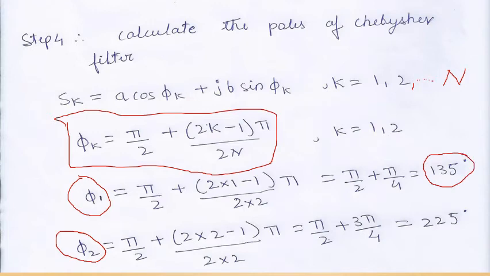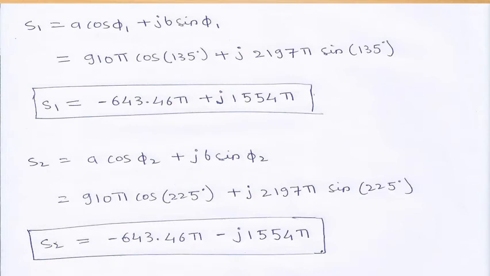Similarly, we get the value of phi 2 as 225 degrees. Once we have the values of phi 1 and phi 2, the next step would be to calculate the poles S1 and S2.